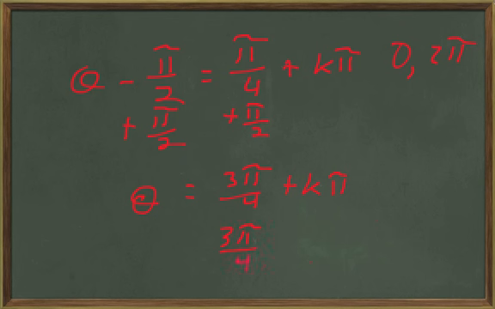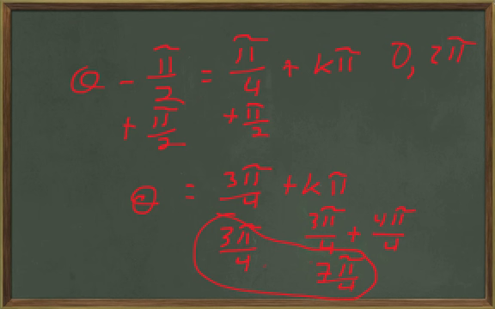That works. Now, if k is 1, then this is 3 pi over 4 plus pi, which is the same as 4 pi over 4, which gives us 7 pi over 4. If we plug in 2, that gets too big. So our answer is 3 pi over 4 and 7 pi over 4.